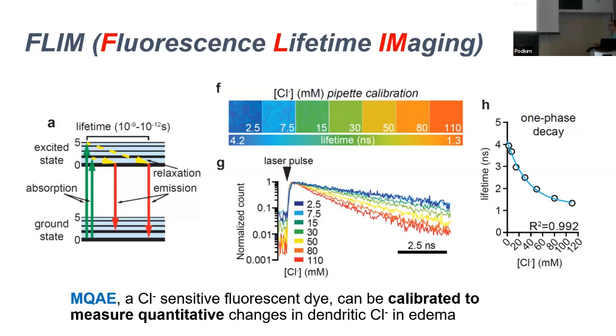And so if you know exactly when the excitation occurred and exactly when the emission happened when you collect the photon, you can determine what the lifetime of that excitation process was.